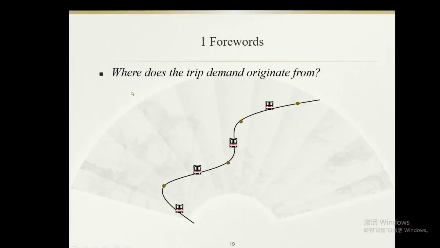Question. Where does the trip demand originate from? This is a rail line inside a city. This is a station, this is a station, another station. Where are the passengers from?